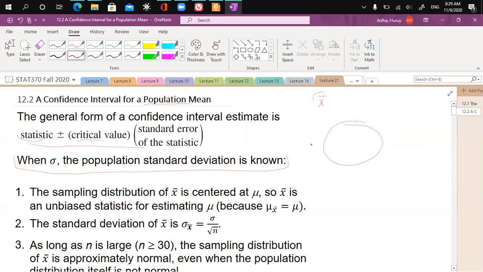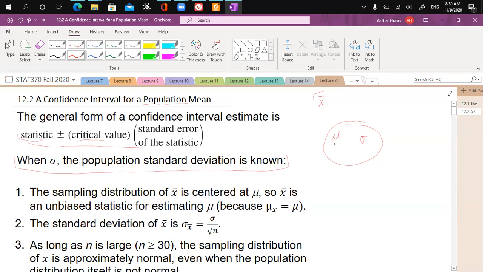You have to do a survey, or do an experiment, or any other way of collecting data. When you collect data from this population, you don't know mu. That's why we are making inference. And most of the time, we don't know sigma as well, because these are population values.